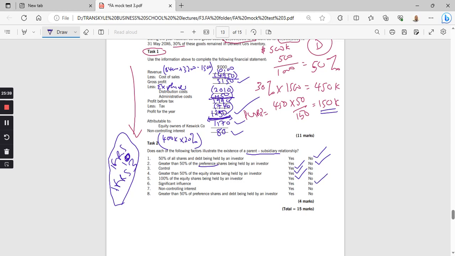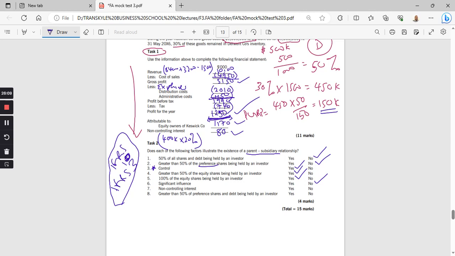Then where there is non-controlling interest. If there is control, then automatically there's a subsidiary, and there could be some NCI, some non-controlling interest, if the control was achieved but not after acquisition of 100% of the shares.